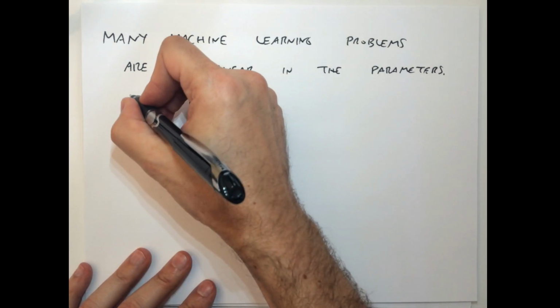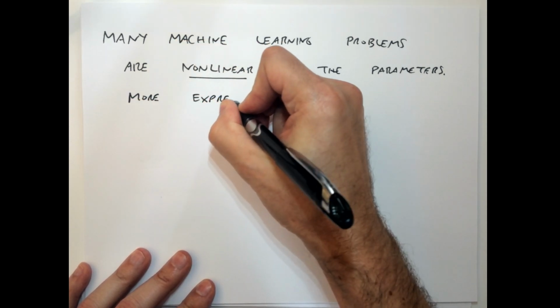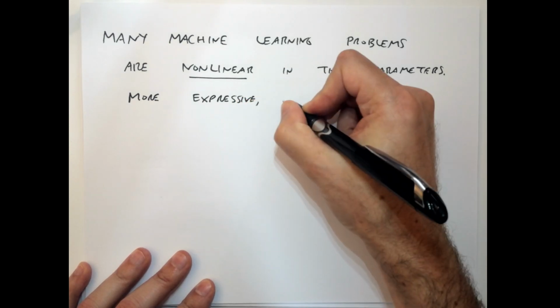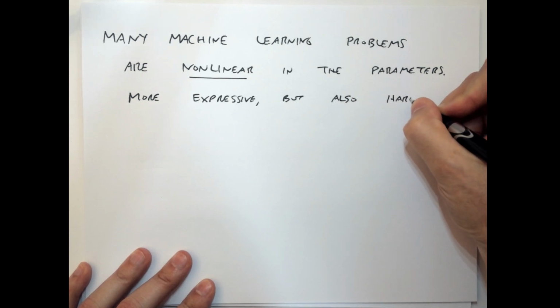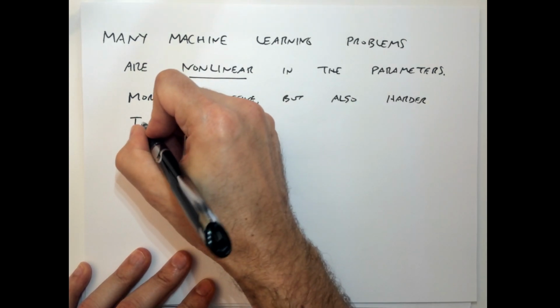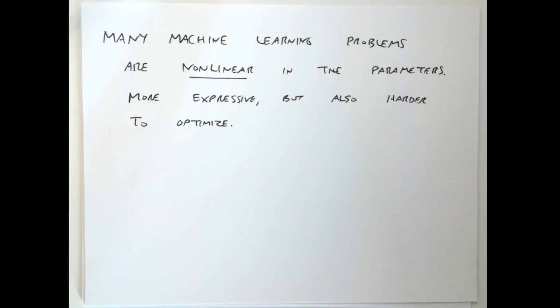Right? So these are more what I would call expressive models, but also harder to optimize, okay?